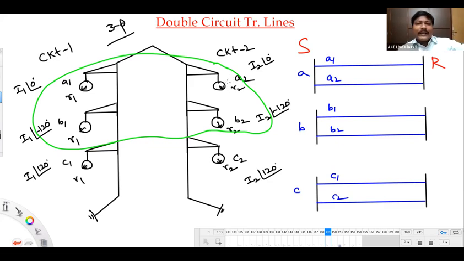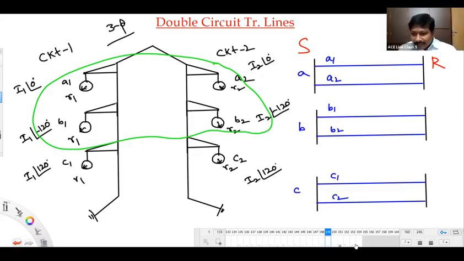Total how many distances we have? 4 distances. The geometric mean of these 4 numbers will be the DAB equivalent distance, the effective mutual distance from phase A conductors to phase B conductors.